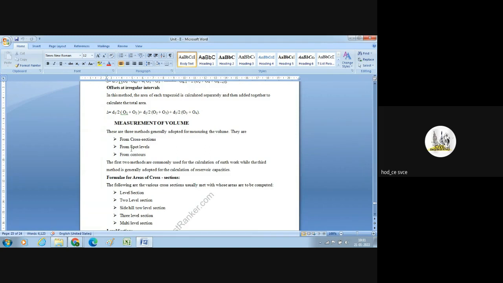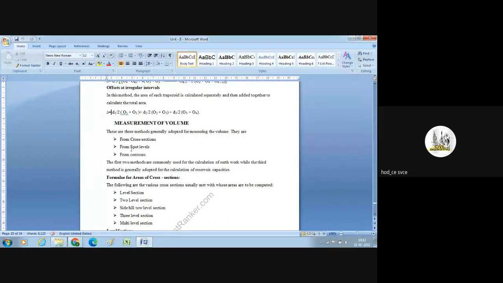That is the M3 distance. Next, M4 is half of D4. Like that, we have calculated the meridian distances. M1 equals half of D1, M2 equals D1 plus half of D2, M3 equals D4 plus half of D3, and M4 equals half of D4.